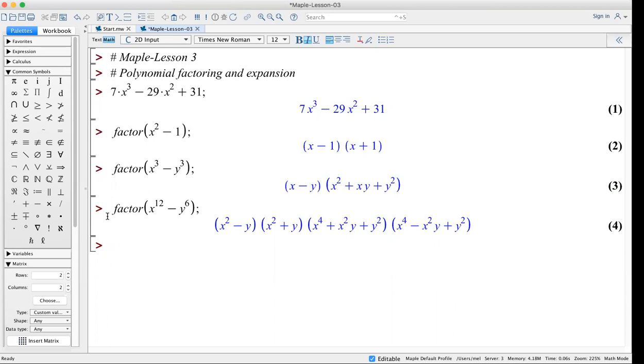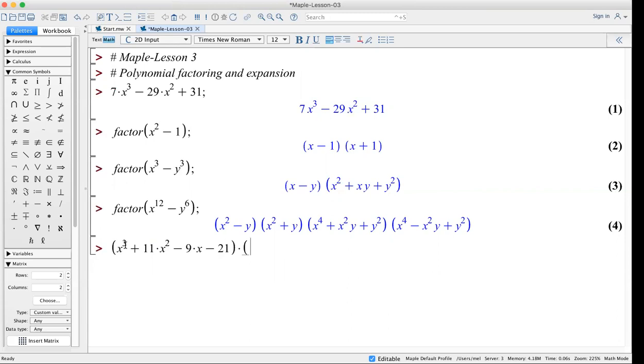Now, sometimes you have 2 polynomials, let's say, x to the 3rd plus 11x squared minus 9x minus 21.